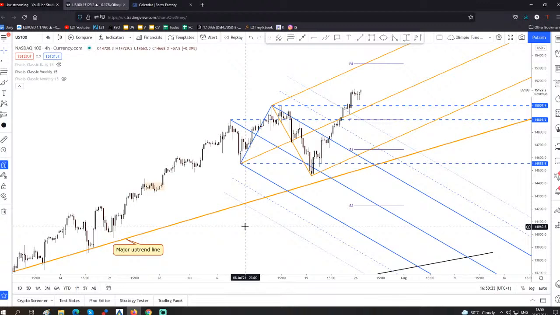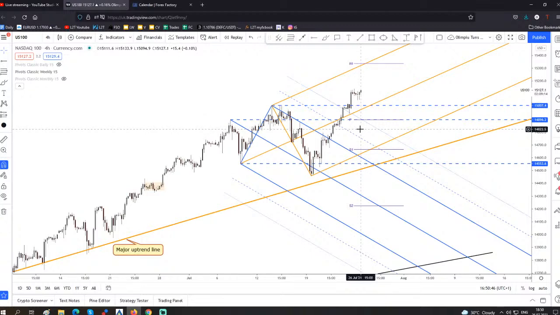So US 100 Nasdaq has reached here a fresh new historical high, all-time high, 15,137, temporary decline. But the DXY, the dollar depreciation, right now pushes the US equities higher. That's why the US 100, the Nasdaq, continues to increase.